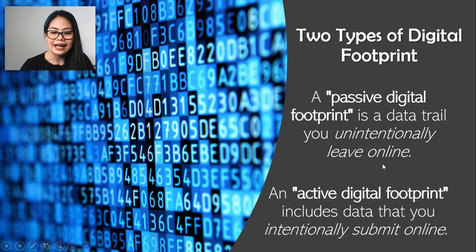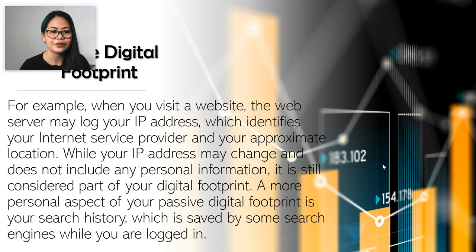Next. An active digital footprint includes data that you intentionally submit online, just as when you register on specific websites, Netflix, Spotify, Facebook, Instagram. You encode your personal information, name, age, address, or gender. These are active digital footprints.